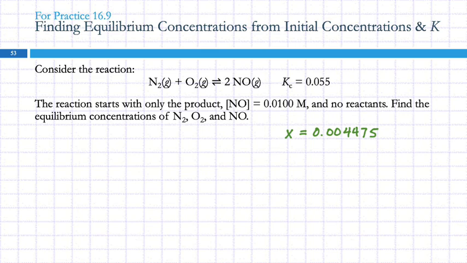So then when we look back at that ICE table, we see that the equilibrium concentration of NO was equal to 0.0100 minus 2 times x. So we can calculate that. 0.01 minus 2 times... And if we did this on the solver, I can press that variable button again, x, and it will pull that number back from the solver.